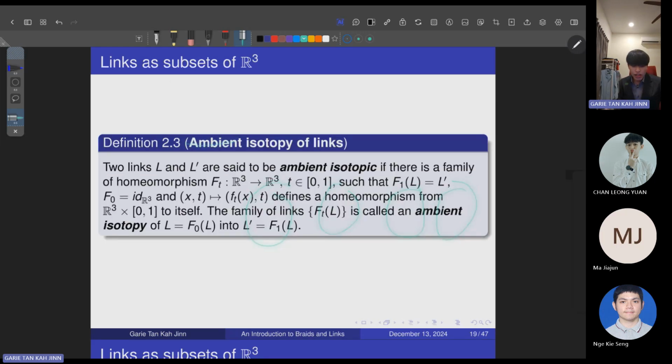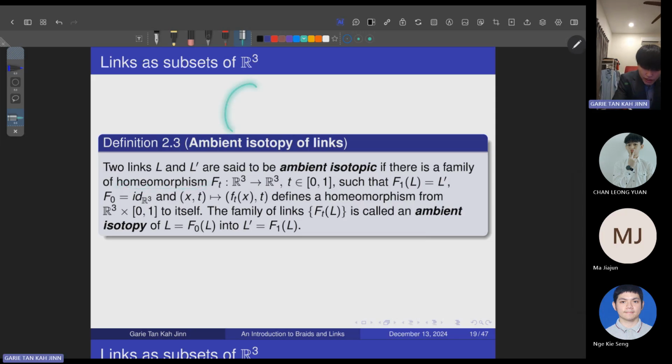Now the ambient isotopy of links. We want to define this because this is the equivalence relation on links. L is isotopic to L prime if I can continuously deform it, which is very similar to the definition of isotopy of braid diagrams, but here we have homeomorphisms.